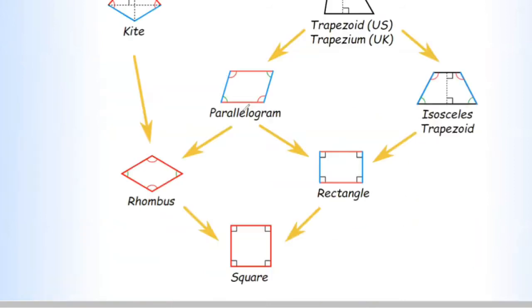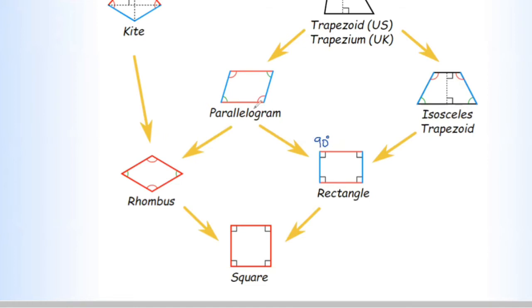Then in a parallelogram, if we apply one more condition, we will get a rectangle. The extra condition is that if one of the angles is 90 degrees, all the other angles also become 90 degrees. That is a result to be proved, and we have a proof for that result.